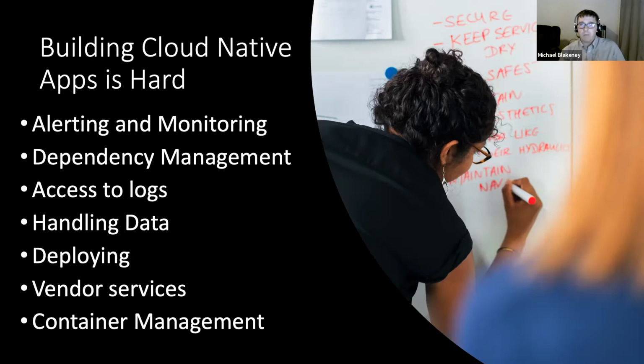And then a lot of times, cloud native applications are deployed within containers, which means a container management platform needs to be added into the equation and all the required support for the application. And a container management service is something like Kubernetes or leveraging Docker Swarm to help you coordinate your containers.